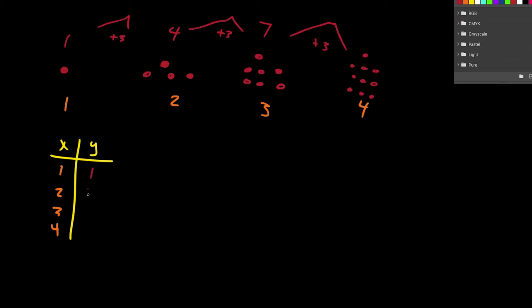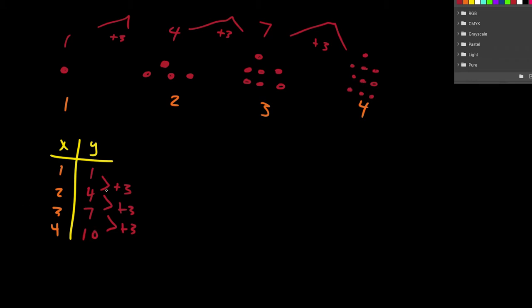So 1, 4, 7, and then we didn't know this step yet. But if we look at this, we say, okay, we're going to add 3, and so if we add 3, there should be 10 dots. And if we count that, 1, 2, 3, 4, 5, 6, 7, 8, 9, 10.